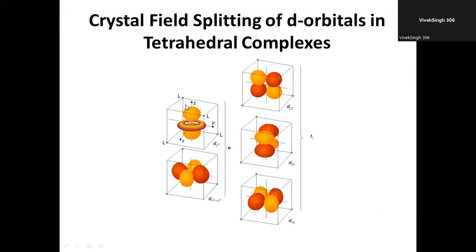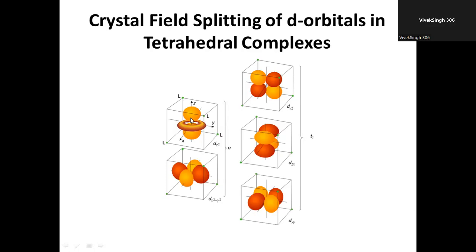So let us go back to our main slide. Here we are able to see that ligands are approaching along the alternate corners of the cube towards the central metal ion, which is present at the center. The important thing we see here is that the d-z square and d-x square minus y square orbitals are not influenced by the ligands, whereas the d-yz and d-zx orbitals are also not much influenced, but they are influenced to a certain extent, because they are near to the ligands.